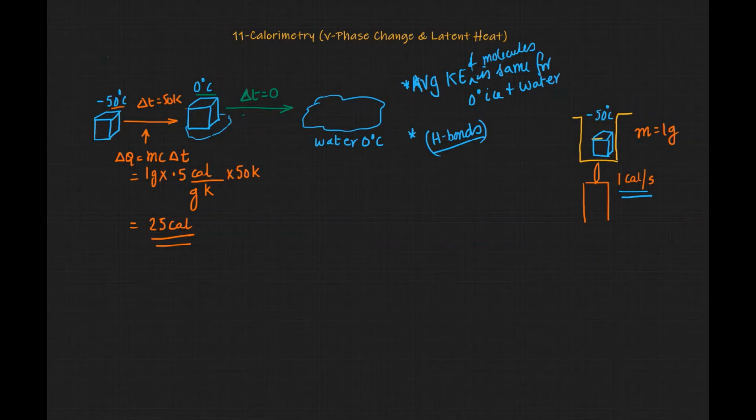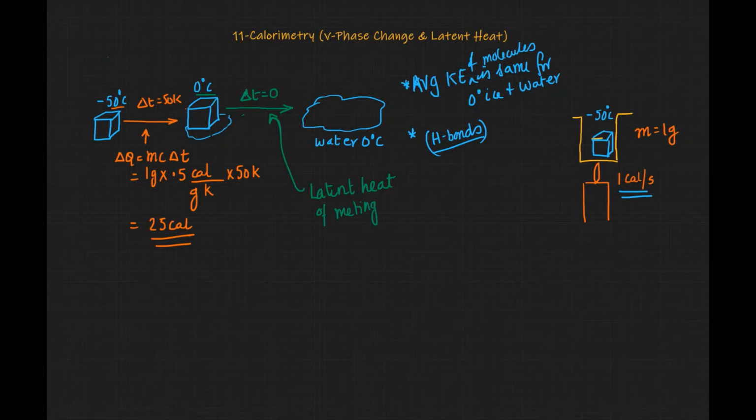Alright, so now to change the state, there needs to be some energy that needs to be given. The energy that needs to be given to change this state is called the latent heat of melting.